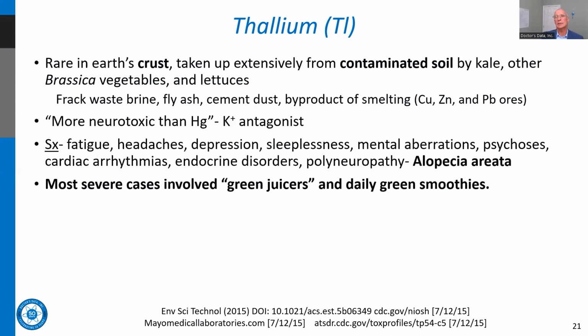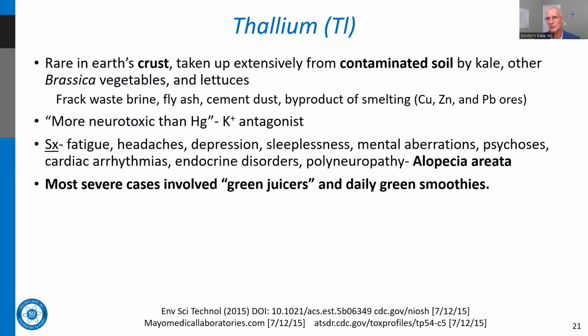Now, the traditional metal toxicologists have stated that thallium is more neurotoxic than mercury. It is a potassium antagonist. It's only a +1 charge. It goes where potassium goes. So it has a huge volume of distribution and physiological impact in the body.